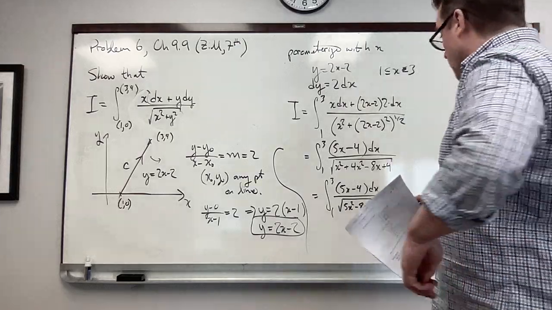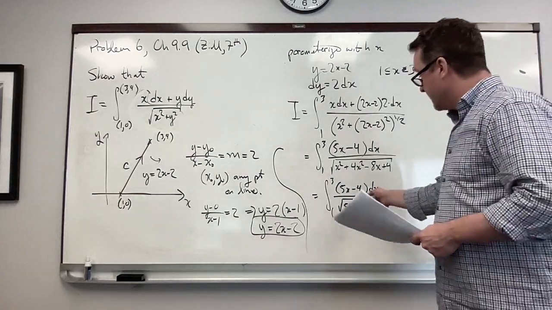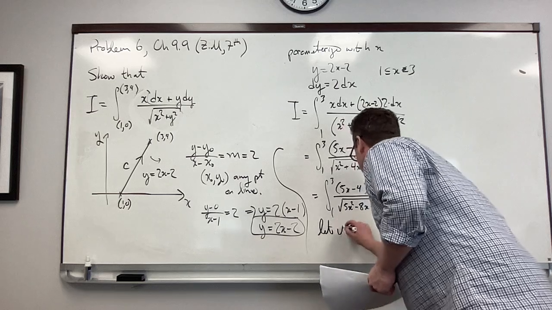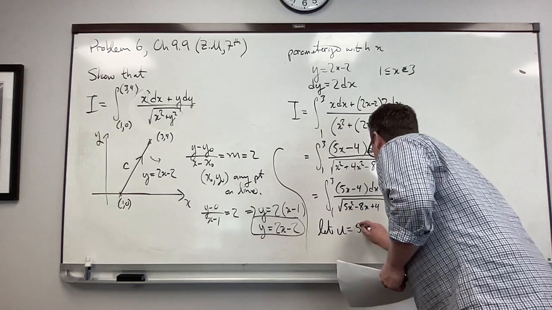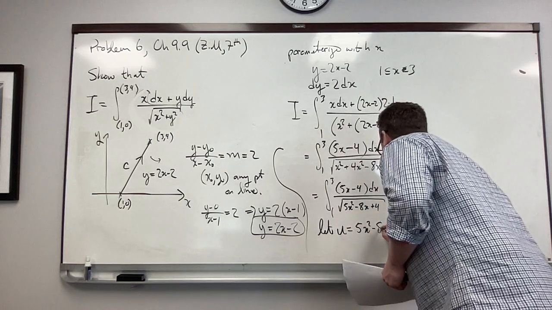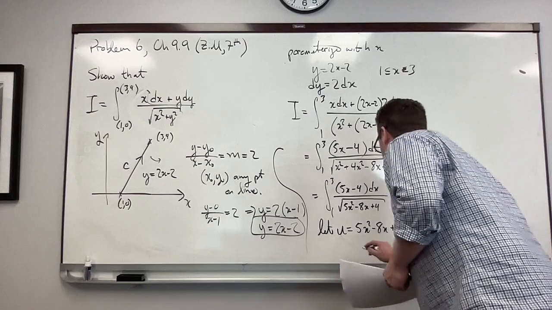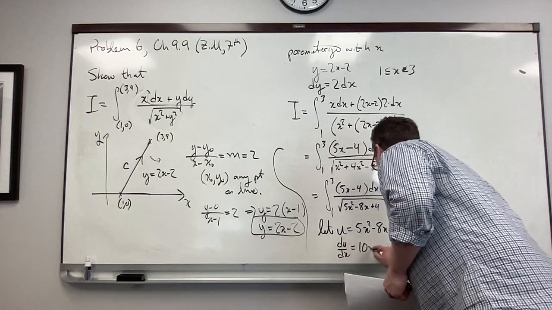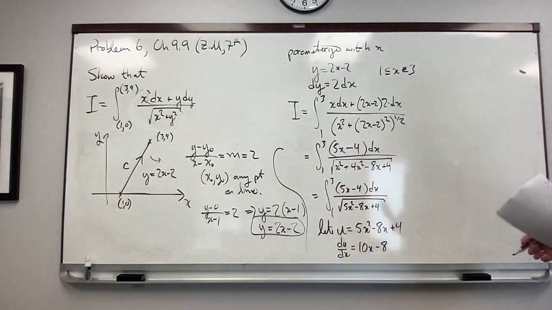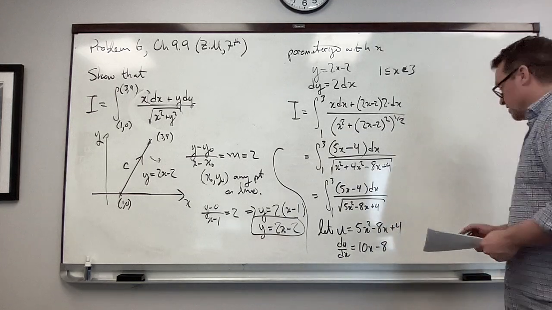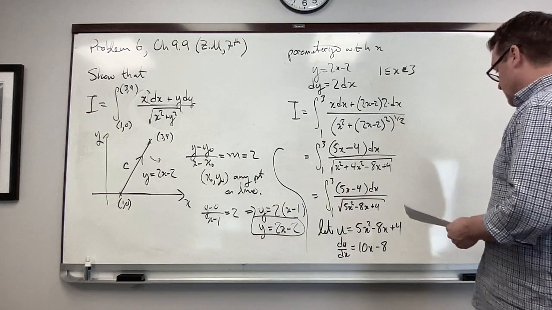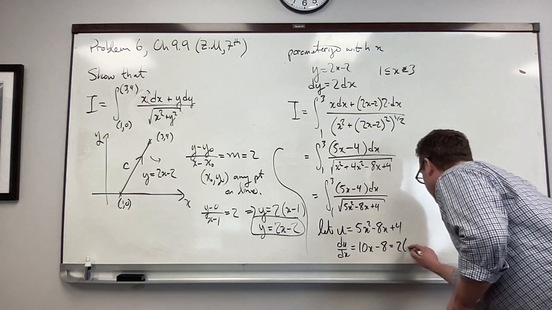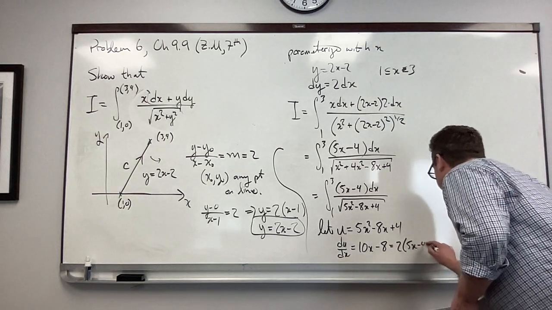Okay. So I got something quadratic and something not quadratic. We're going to let u equal 5x squared minus 8x plus 4. So du/dx would be 10x minus 8. Right? So that means, and now this is really interesting, that is 2 times 5x minus 4.